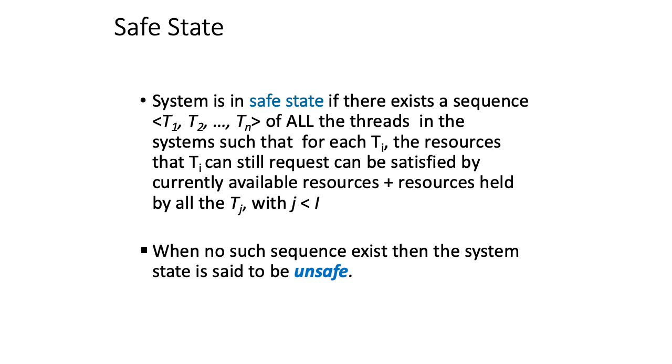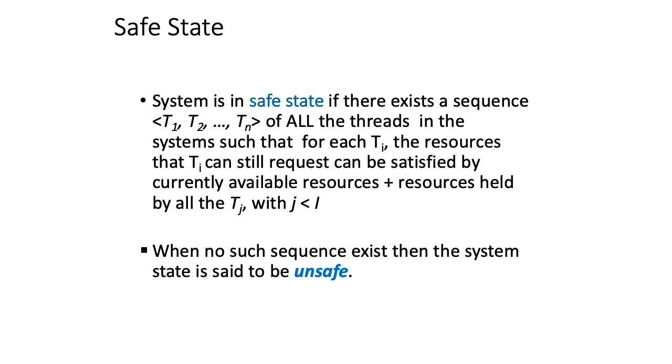We say that a system is in a safe state if there exists such a sequence of threads T1 to Tn, such that for each thread Ti, the resources that it can still request can be satisfied, which means the system can allocate those resources using the currently available resources plus the resources held by all the threads Tj, maintaining that j is less than i.